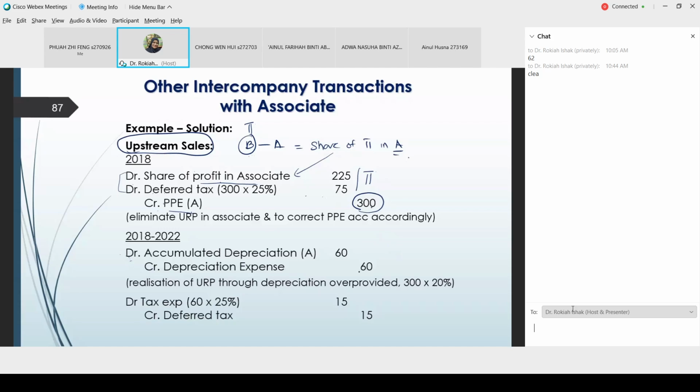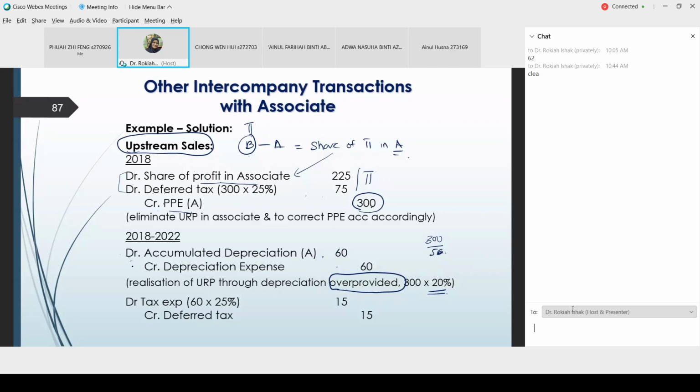Then for the subsequent year, you need to recognize the depreciation expense. The depreciation expense was over provided. How much is over provided? The same thing, 300 divided by 5. So you're going to debit accumulated depreciation and credit depreciation expense.